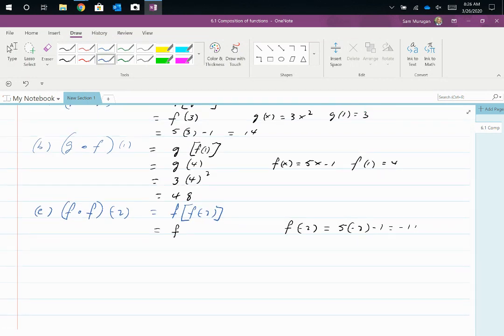So we have to find f of -11. Again, go back to the original function and substitute -11 in it. 5 times -11 minus 1, which is -55 minus 1, -56.